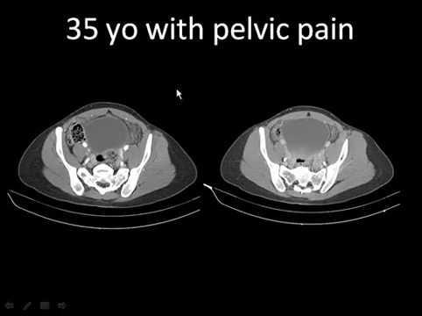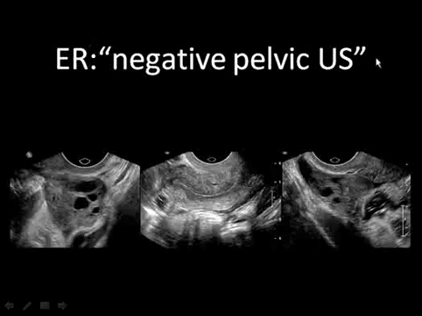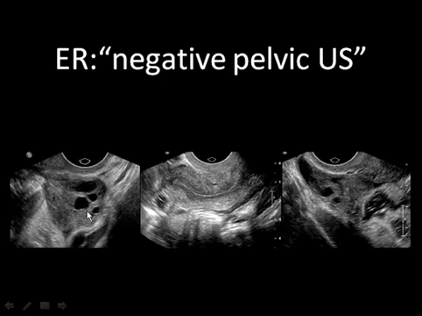Now, when looking back at the CT, there are enhancing soft tissue lesions that are separate from the ovary in the adnexa bilaterally. And on closer look at the ultrasound, we see the normal appearing ovary, the normal appearing contralateral ovary, but extra soft tissue adjacent to this ovary.